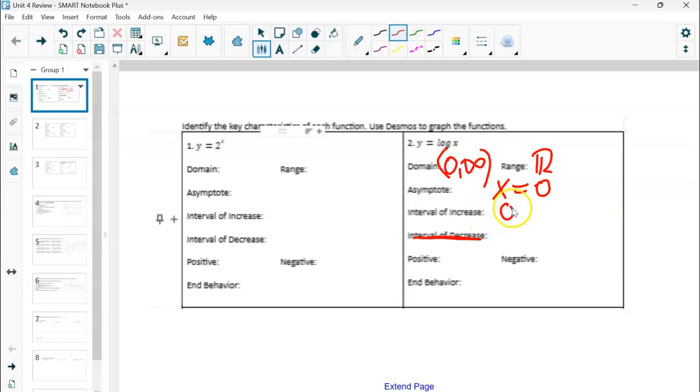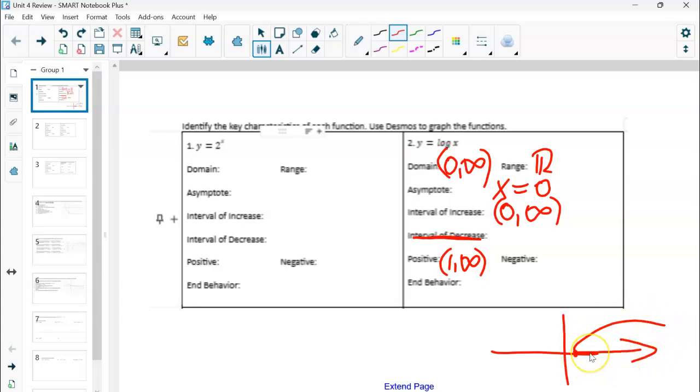Increase was from an asymptote to infinity, so from left to the right. Positive numbers were from the x-intercept, which was 1 to infinity. So 1 to the right, remember that, okay? It was from here this way, right, when the function was positive. And then negative numbers were between the asymptote, which was 0, and that 1, okay?